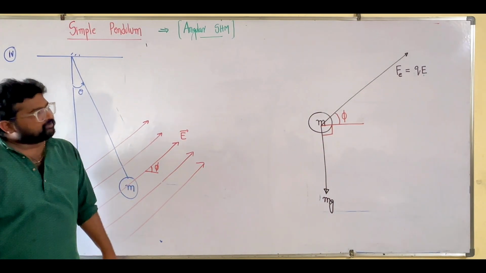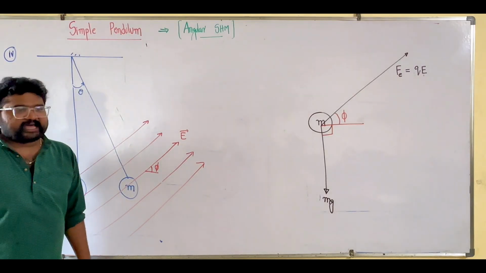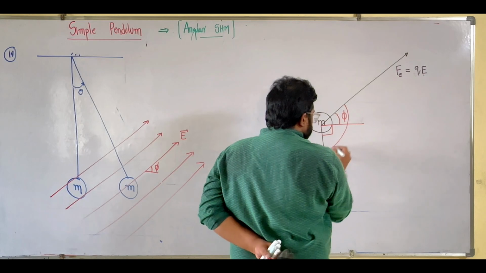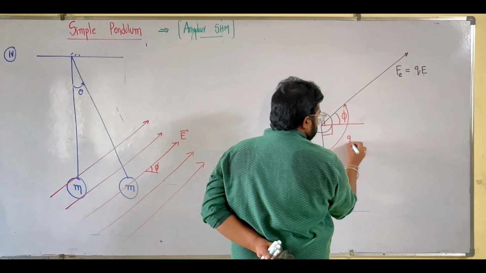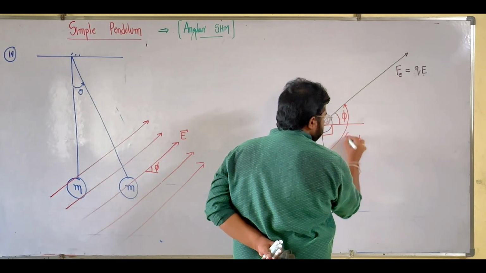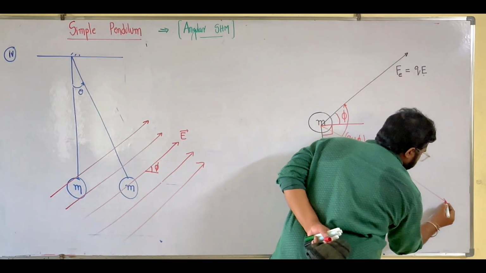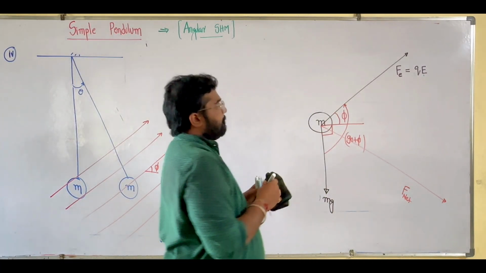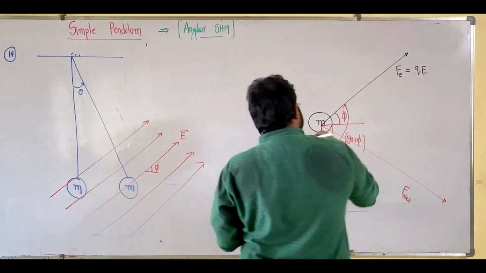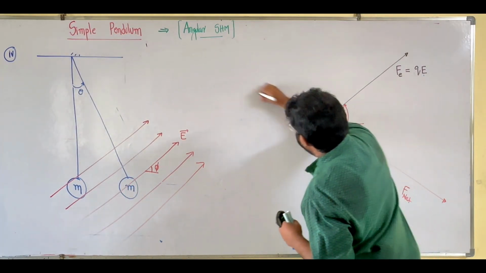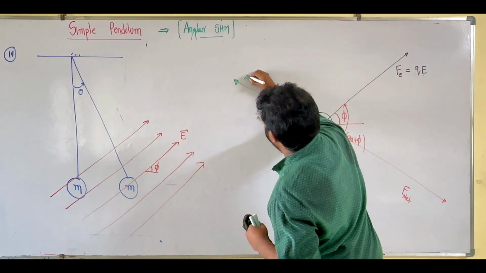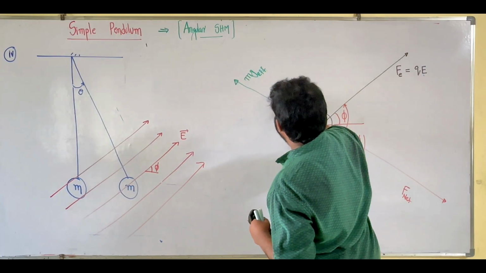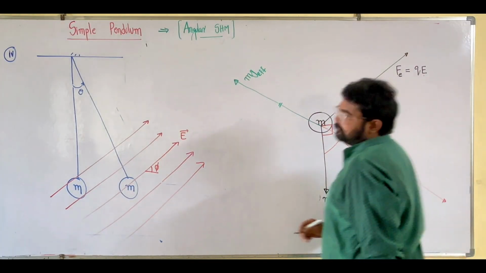What is the angle between these two vectors? It is 90 plus phi. So the net force will be like this. This is the net force, and it is balanced by mg effective.